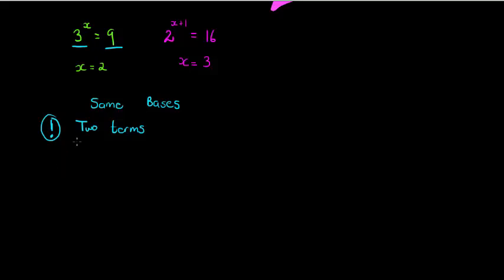Okay, the first thing I would do once I have 2 terms is get the left hand term equal to the right hand term. That would be the first thing I do, which in both of these cases is already the case.